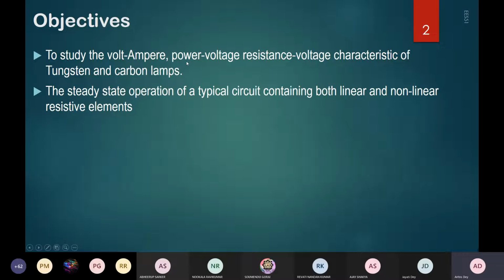So in the second step, what we'll do in the steady state operation, we'll find the circuit current through different lamps, that is your nonlinear resistance, using both linear and nonlinear resistive elements. So we'll be having one external rheostat which will be connected in series with the lamps. So with the help of that, we'll try to show what happens for the steady state operation. That is the second part of it.